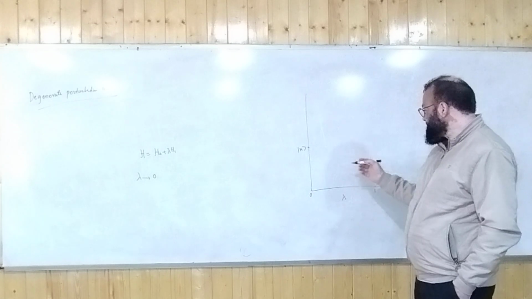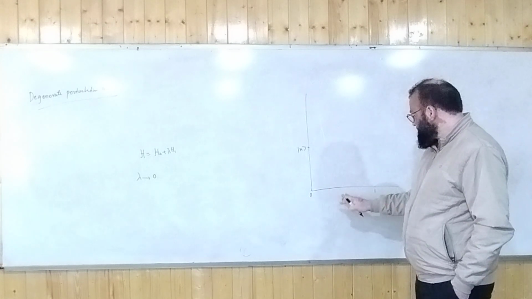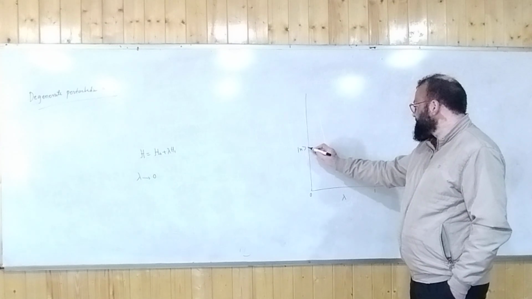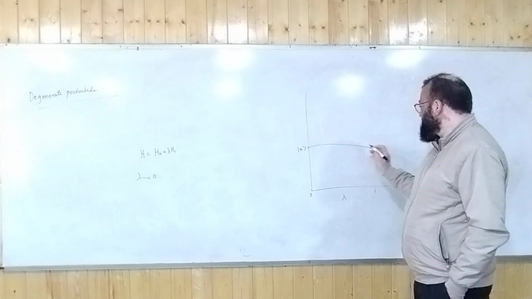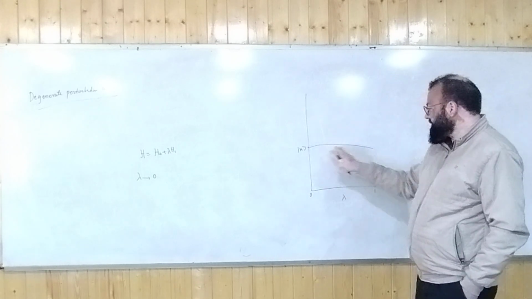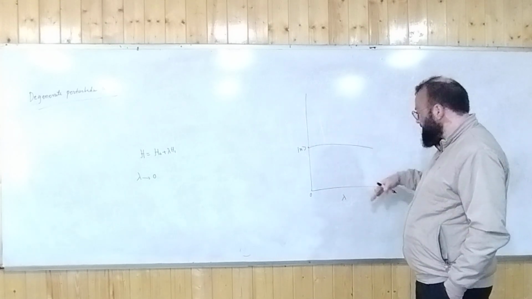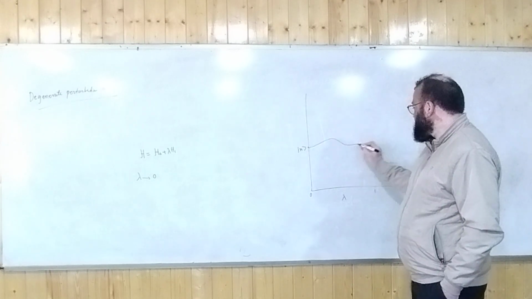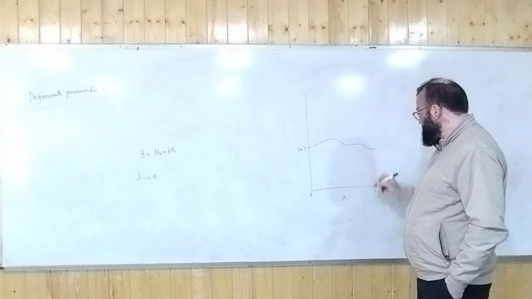So what will happen when you vary this lambda? Either you will have a lowering in the energy or a raising; let's take only the second order case, the energy will get lowered, clear? So let's say this is the energy curve up to this very point.